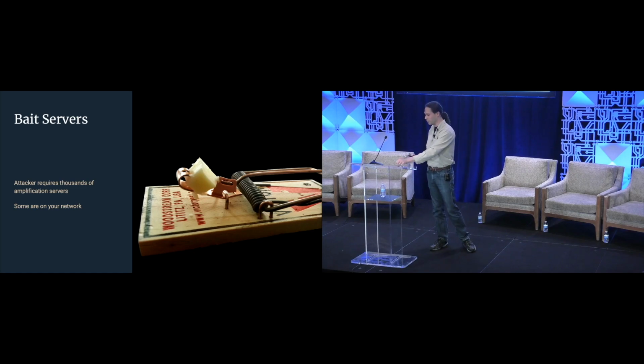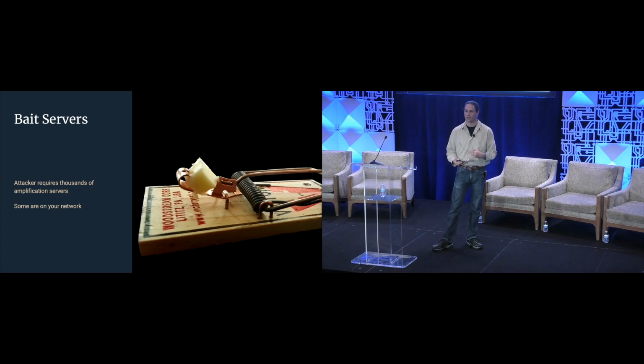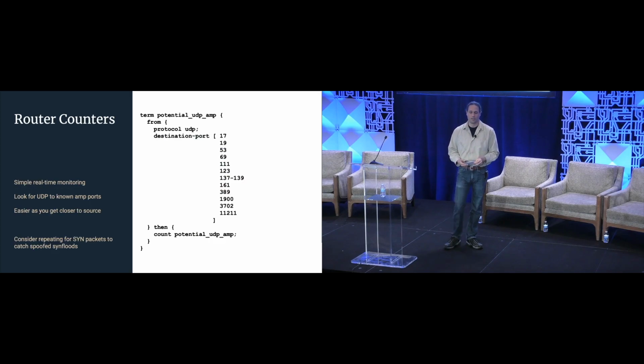So we need to figure out how to identify where these packets are entering our network, the spoofed packets coming from the attacker. So one simple thing you could do is router counters, right? If you deploy a term like this on your routers, this is basically just looking for UDP packets that are destined to amplification ports, right?